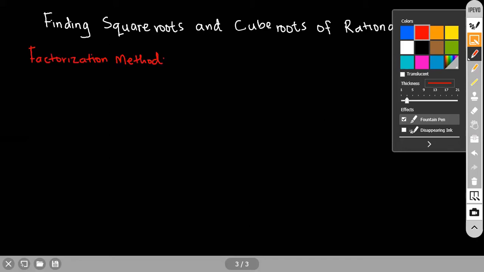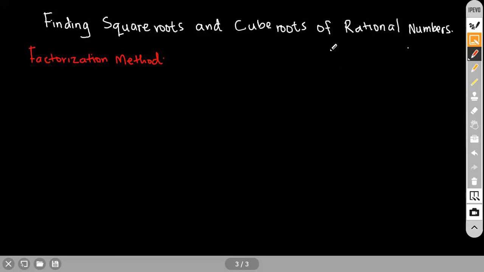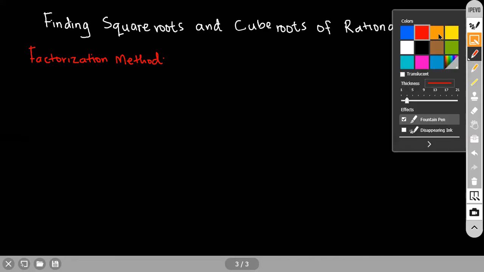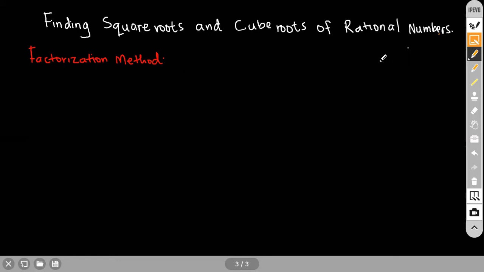Okay, so let's look at example number one. We see how we can factorize and get the square roots of whole numbers. Okay, now let's have example number one.